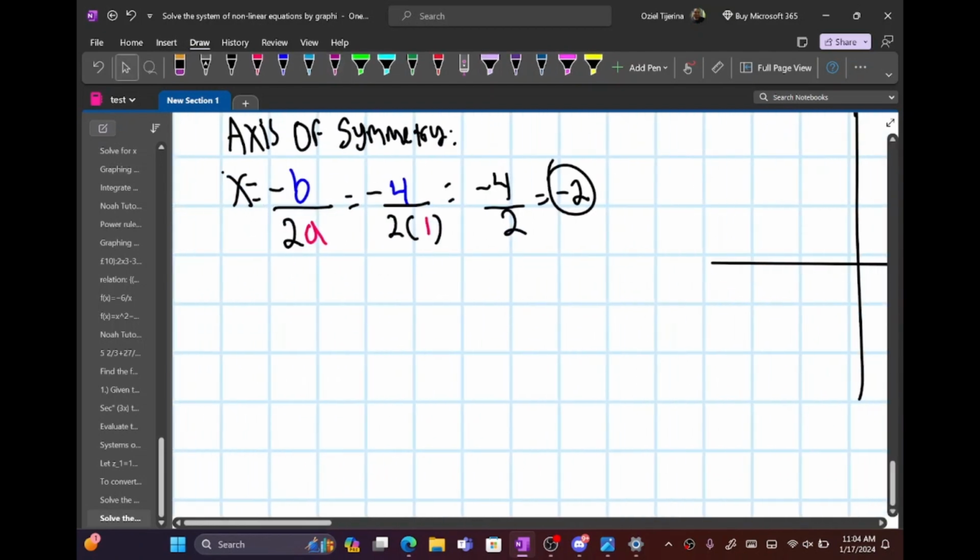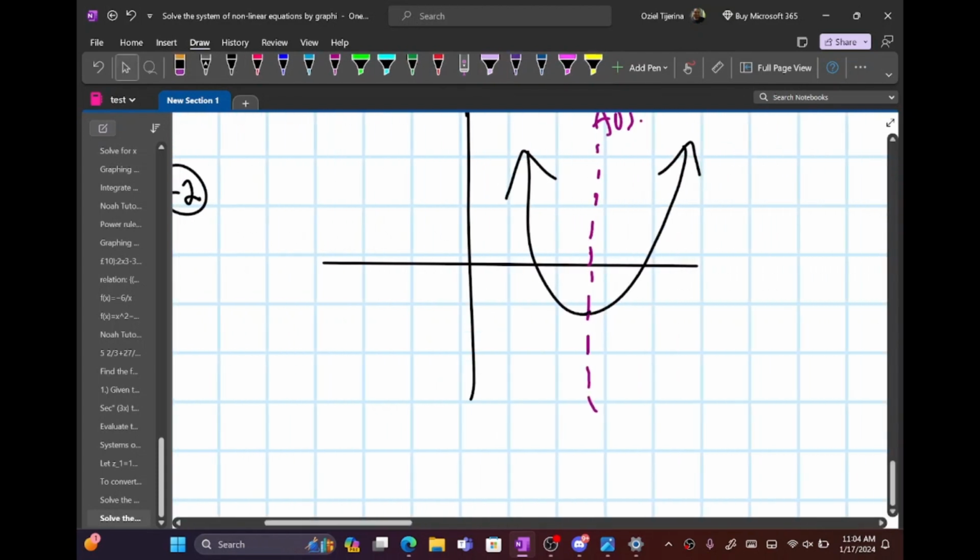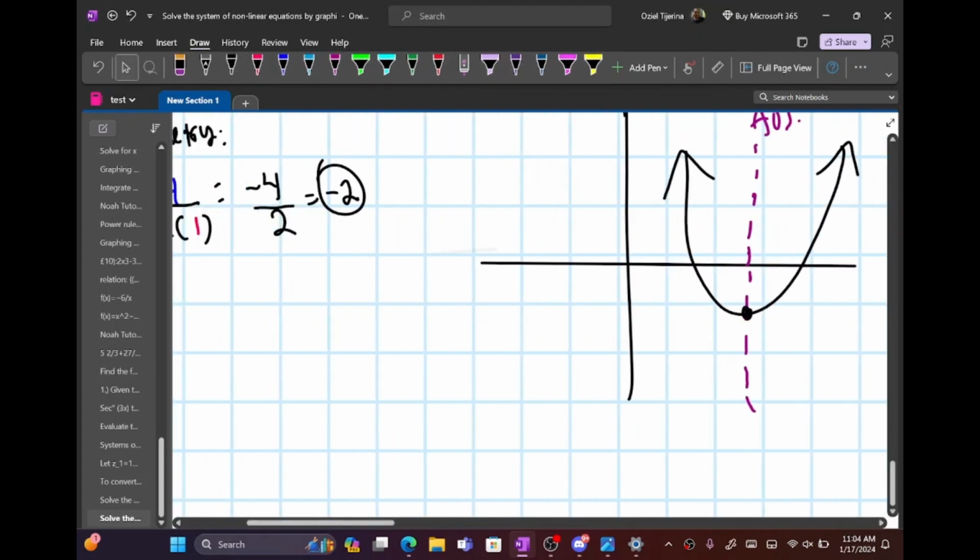Now, we went ahead and labeled that, and now our vertex is literally the very minimum point of the parabola.